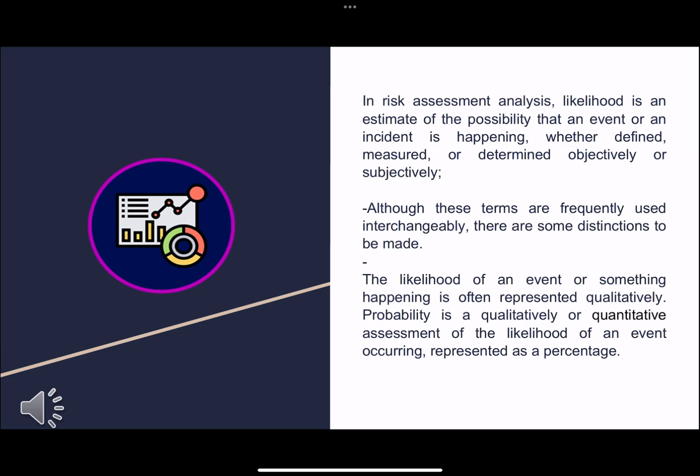The likelihood of an event or something happening is often represented qualitatively. Probability is a qualitative or quantitative assessment of the likelihood of an event occurring represented as a percentage. Both can be utilized effectively, but the distinction between probability and likelihood is fundamentally important in risk analysis.